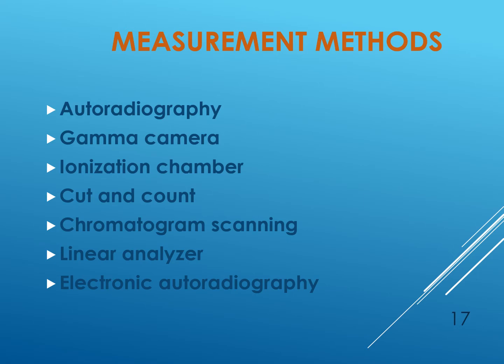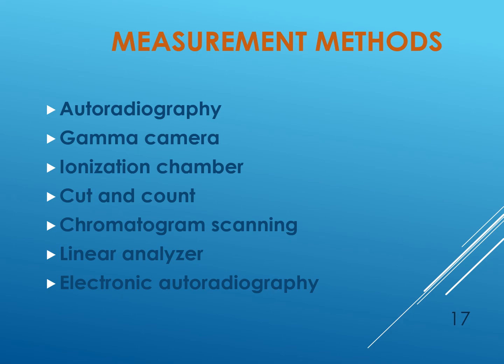Now we will discuss the measurement methods, or the detection methods, used in radiochromatographic techniques. First of all, the detection system is autoradiography. We can use autoradiography for radiochromatographic detection. Gamma camera, ionization chamber, cut and count, chromatogram scanning, linear analyzer, electronic autoradiography.